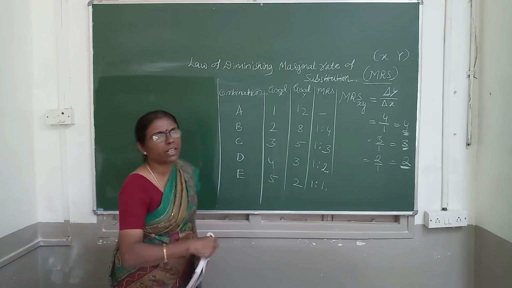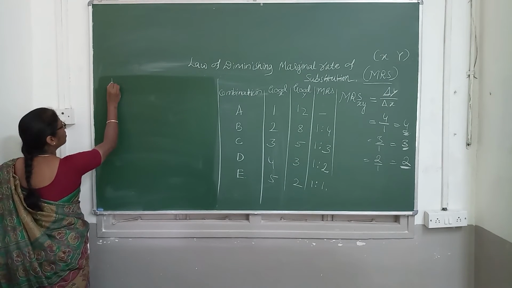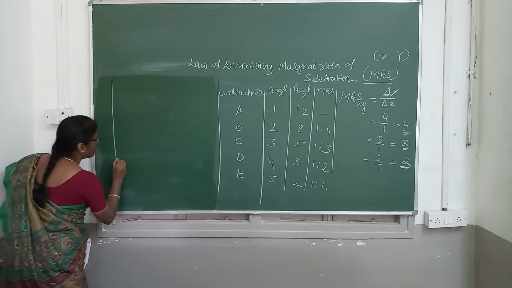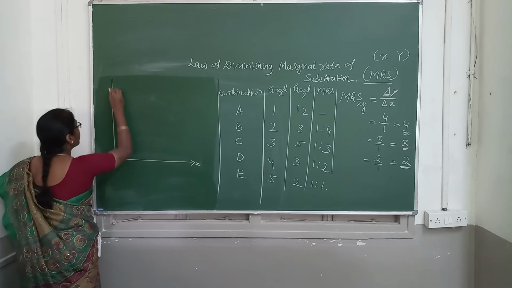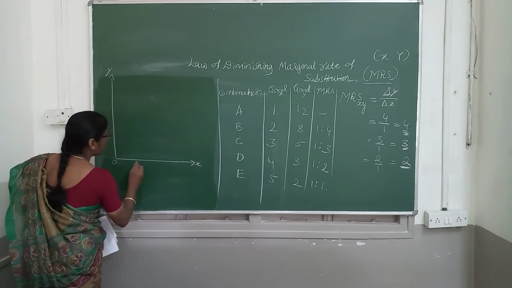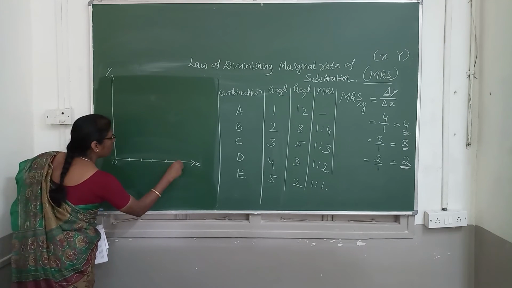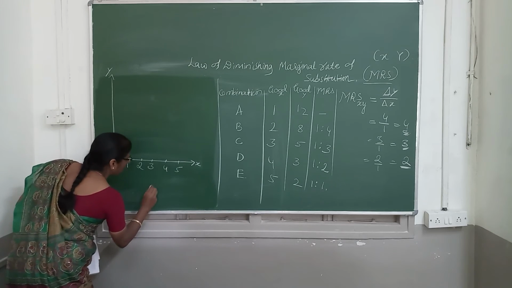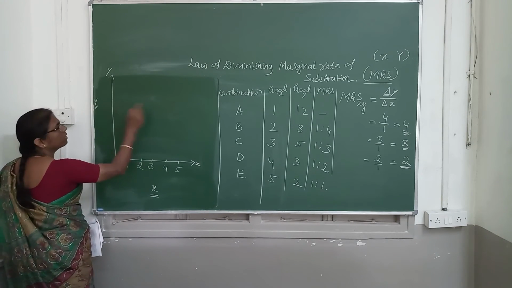Let us try to draw the diagram. We already explained this in the last session, but once again we will try. Yes, my dear students, check it. This is x and this is y. On x: 1, 2, 3, 4, 5. Here x is given, and here y is given.